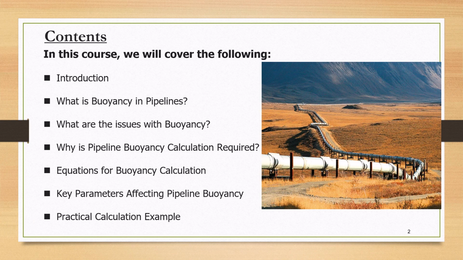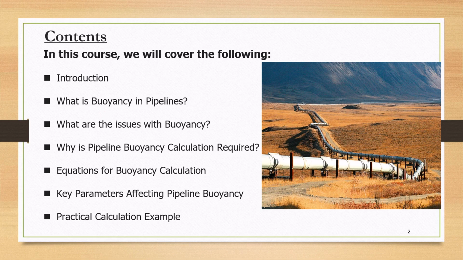So before we start on this course, let's check what are the topics or points that we will be covering in this course. First is introduction, where we will be learning what is the meaning of buoyancy and what is Archimedes principle on buoyancy. That is very important and required for all types of buoyancy calculations. Then we will move on to pipeline buoyancy.